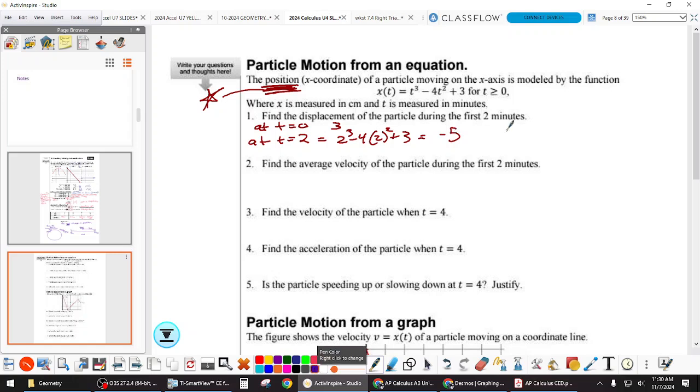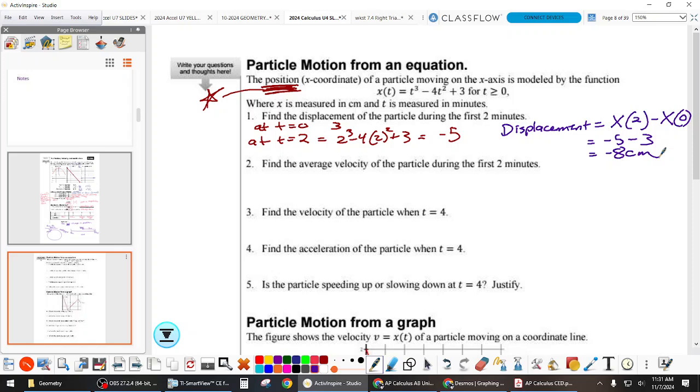Okay, so our displacement is the difference. So x of 2 minus x of 0. And does it tell us any units? Centimeters, yeah. Negative 8 centimeters. Do we need to put per minute or anything on there?